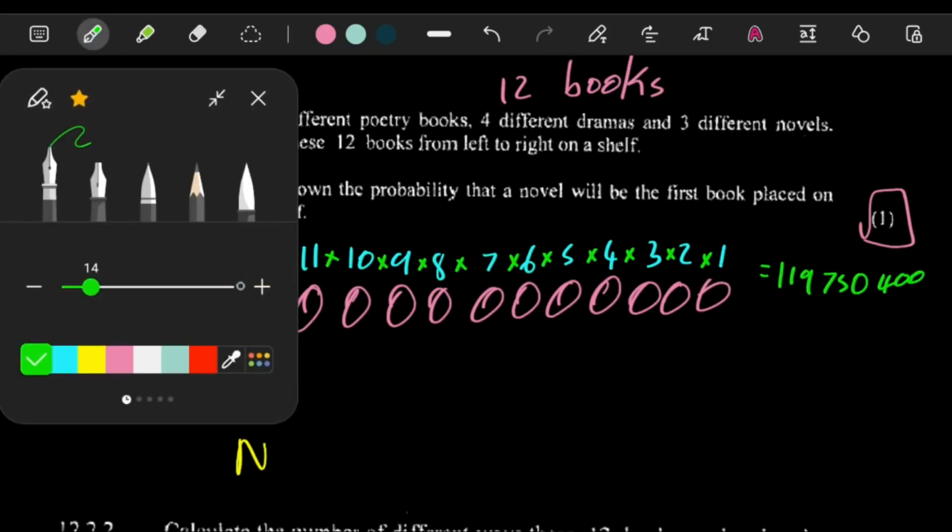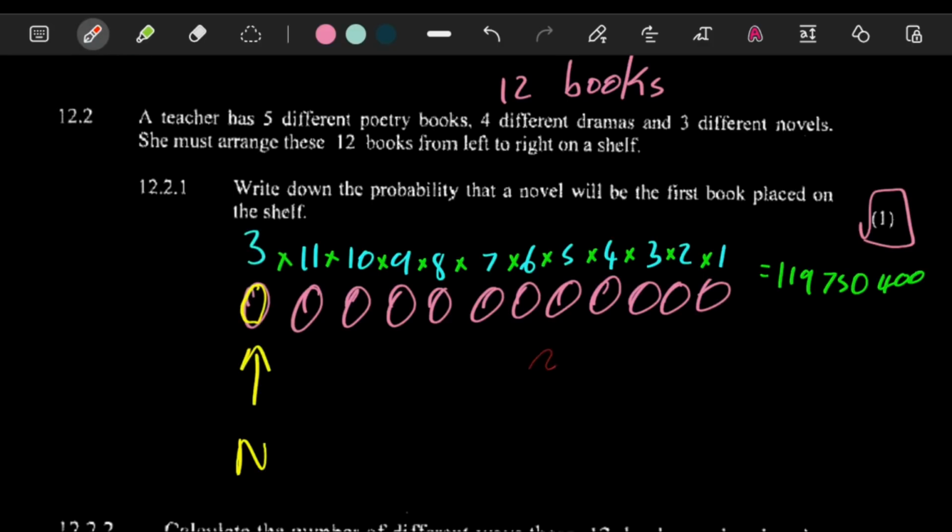But then the probability of that happening is going to be, firstly, without any restrictions, the number of ways you can arrange your books is 12 factorial. So 12 factorial is the number of arrangements without any restrictions. But this number up here is the number of arrangements if your novel is starting. So that's your probability, you see. Your probability is always the total without any restrictions. That's going to be the denominator.